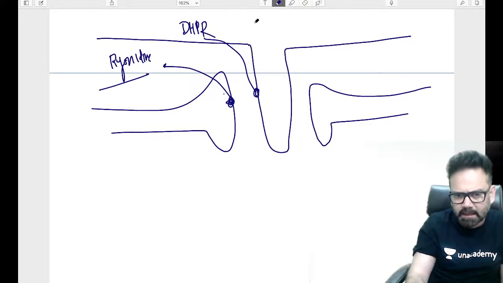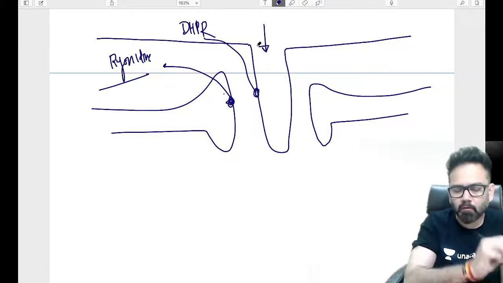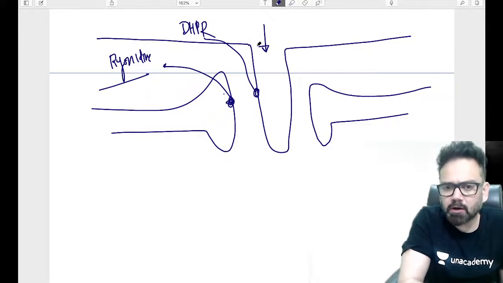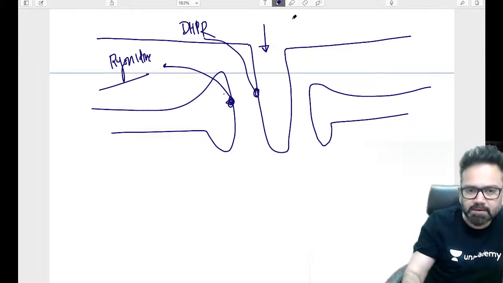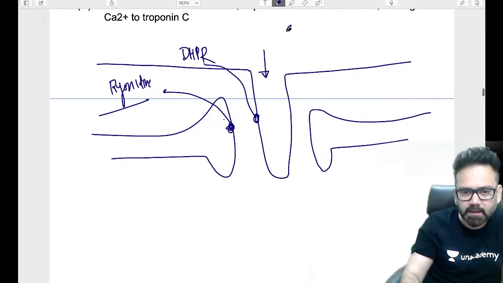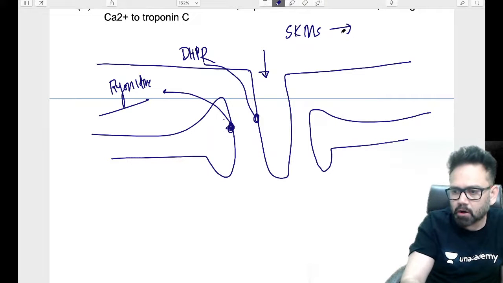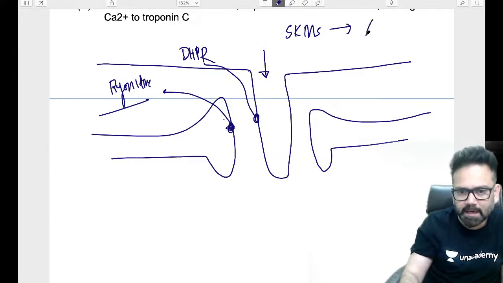In skeletal muscle, what comes from the T tubule? My question is: is it only the action potential, or the action potential as well as calcium? Only the action potential.